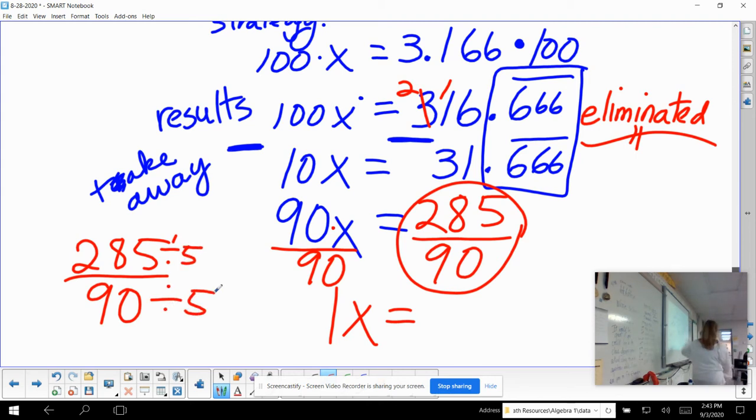So 285 divided by 5, you can use a calculator for that part, however you want to do.